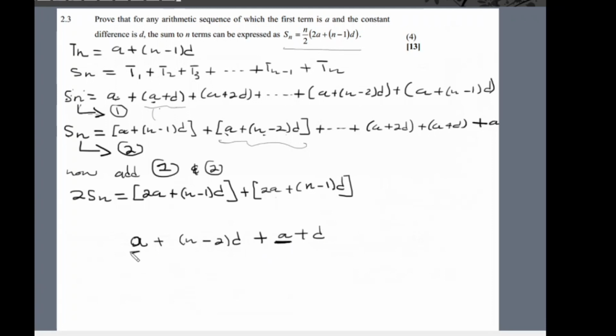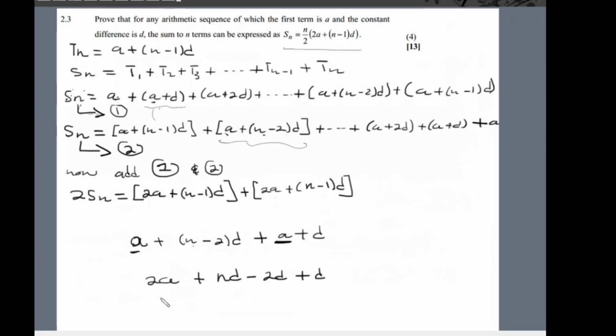A plus a is 2a, and now when you factorize d, you'll have nd minus 2d plus d.